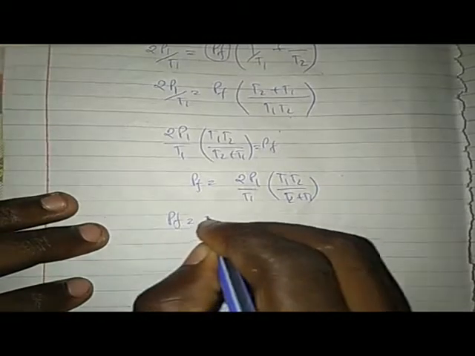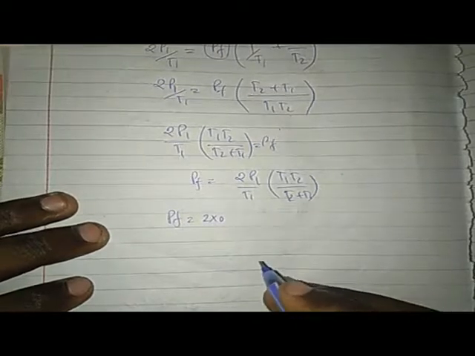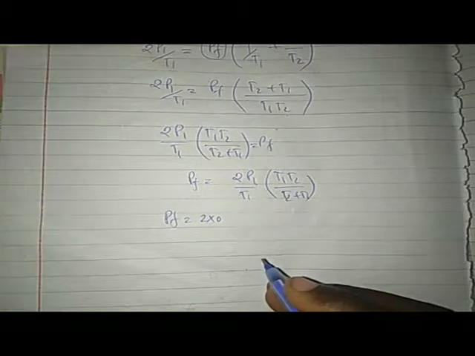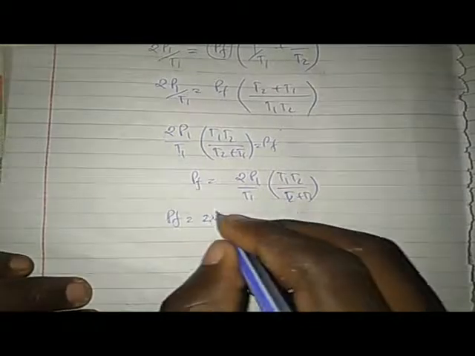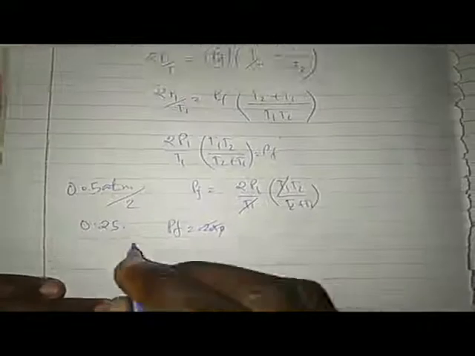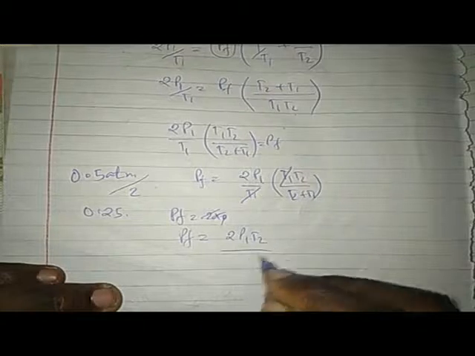Remember also that the pressure 1 being discussed here, the 0.5 was the total pressure. 0.5 atm total pressure. So we have to divide by 2 to get 0.25. That is the pressure 1 being discussed. But also T1 and T1 cancel. So we remain with P final equal to 2 P1 then T2 divided by T2 plus T1.